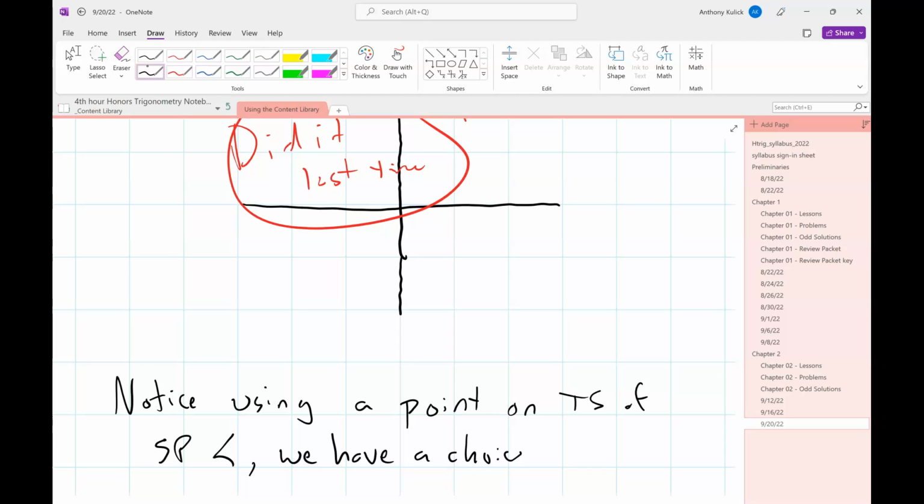What do we have a choice of? In this method, what do we have a choice of? Well, not the angle we want to use. Picking P, right? The way we've described this, it doesn't matter where you're picking P at. Everybody agree with this?